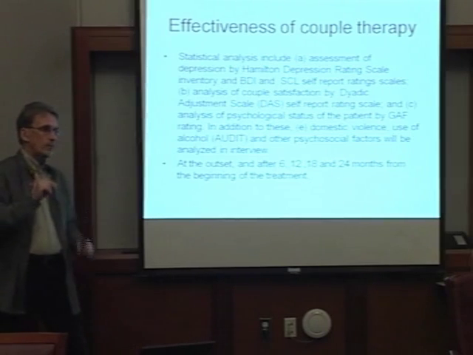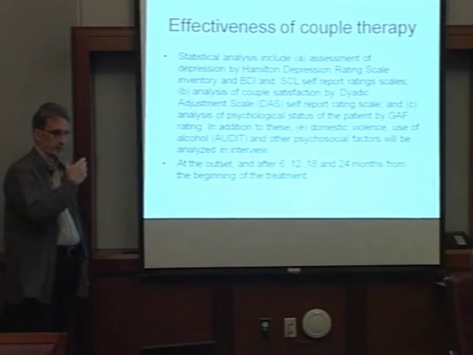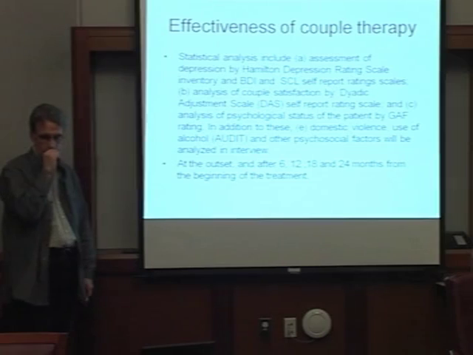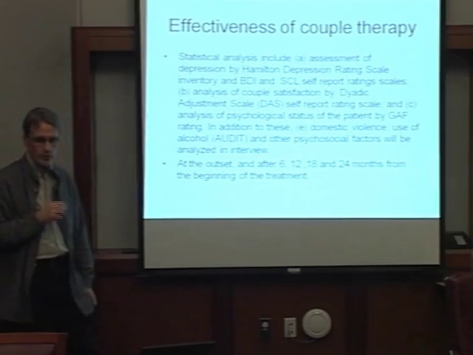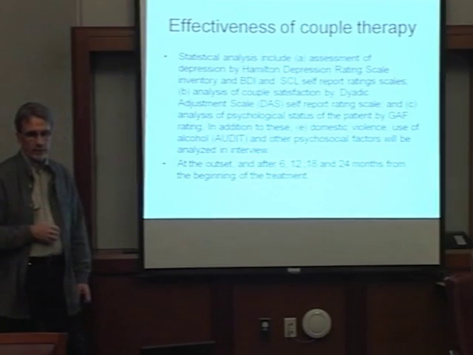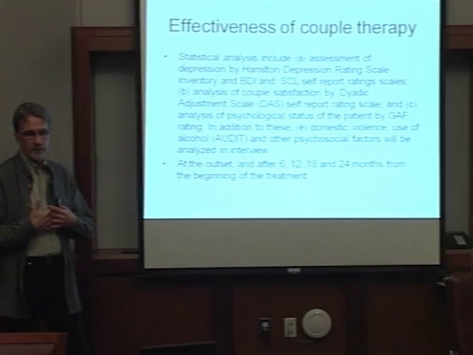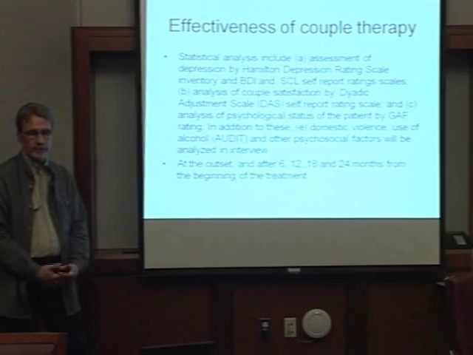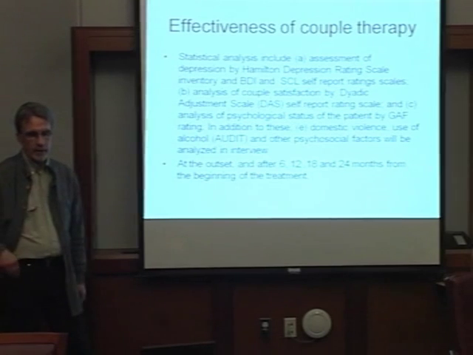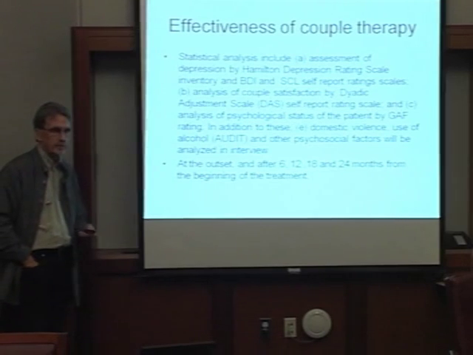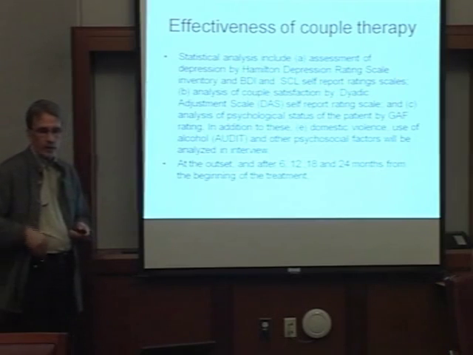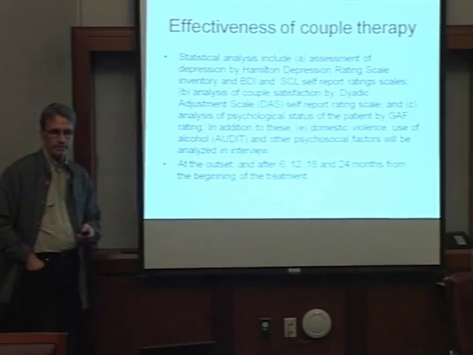This BDI was asked both of the one who was depressed and of the spouse, as well as the DAS also was used for those. General function level, there was a concern of if there's a violence related and how much use of alcohol is related with this problem.